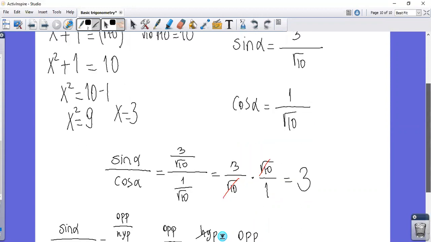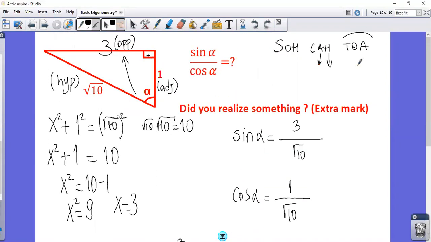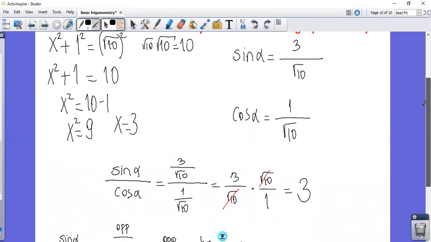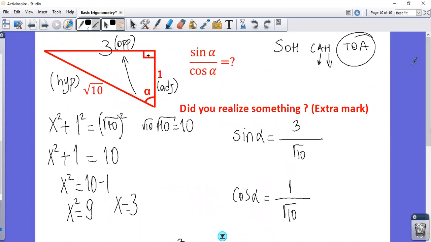What is opposite over adjacent? Tangent is opposite over adjacent. So we can say this is tangent of alpha. You can check what tangent of alpha is.